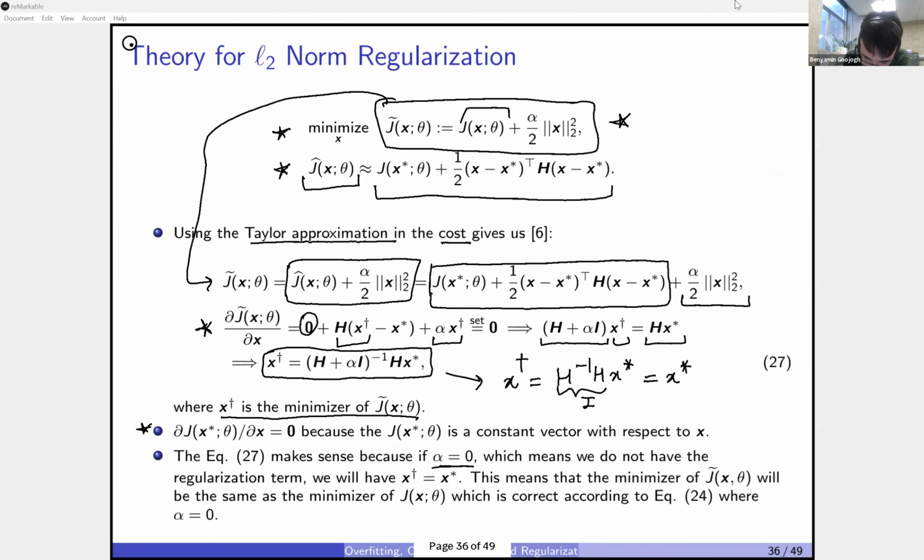We saw that. Also, as I said, if we set alpha to 0, x dagger becomes x star. This means that the minimizer of J tilde is the same as the minimizer of J once we set alpha to 0. Okay.